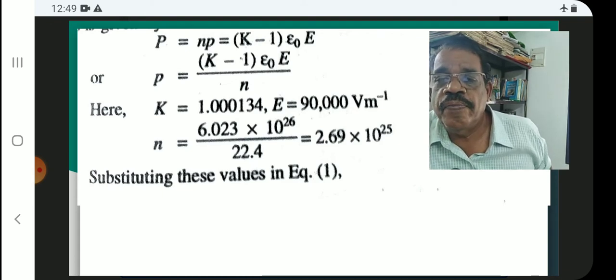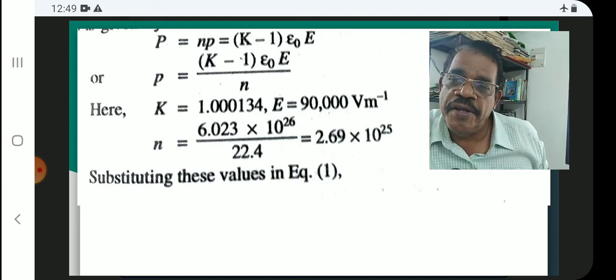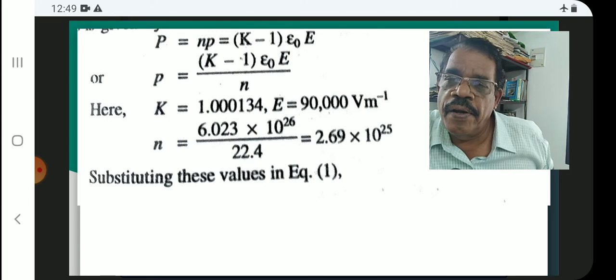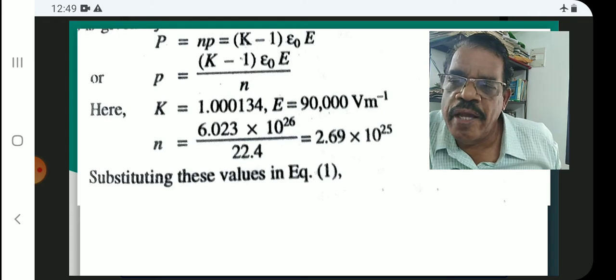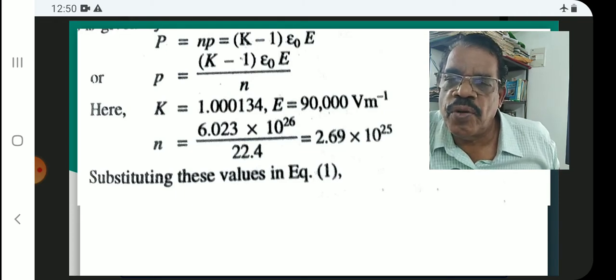In liters, when we say in liter, actually, you remember, small n is 6.023 into 10 raised to 23 by molar volume, 22.4 liters.